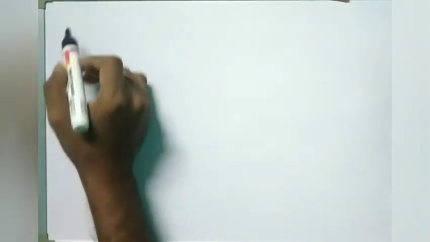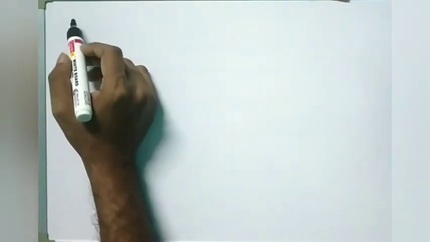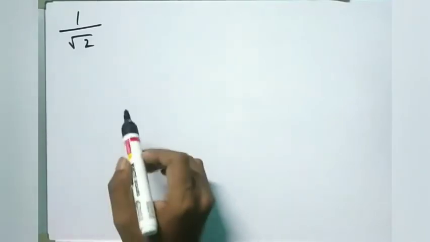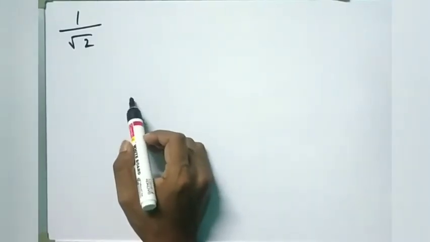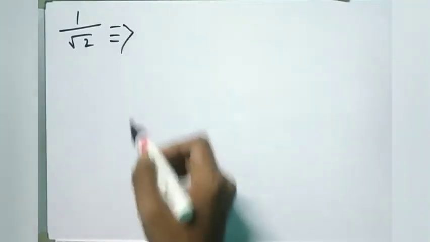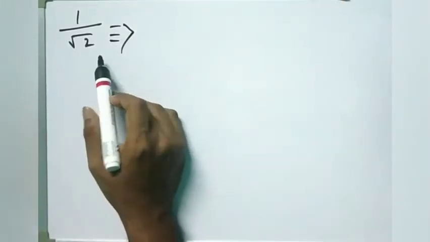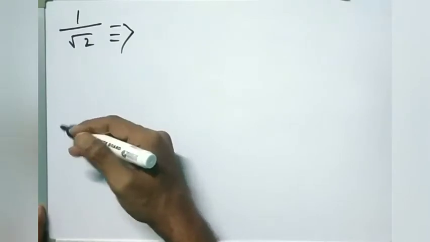Okay, now I am going to discuss how to rationalize the denominator. Suppose I am taking the example of 1 by root 2. So how to rationalize? Remember, if we are going to rationalize the denominator, we have to multiply the denominator by the same number.